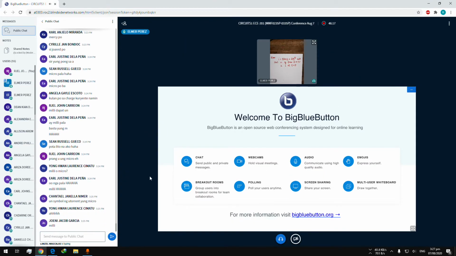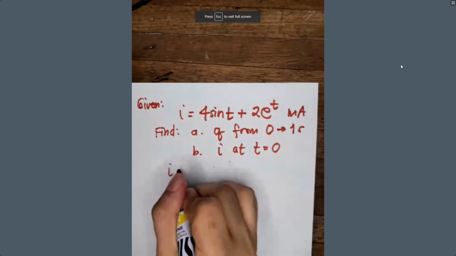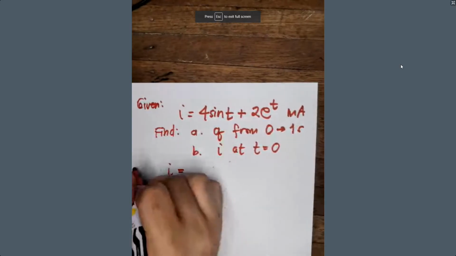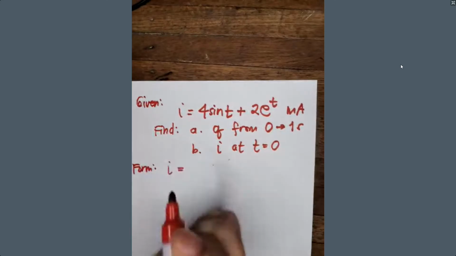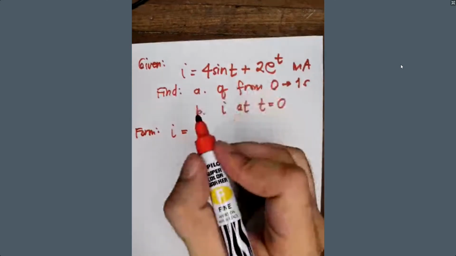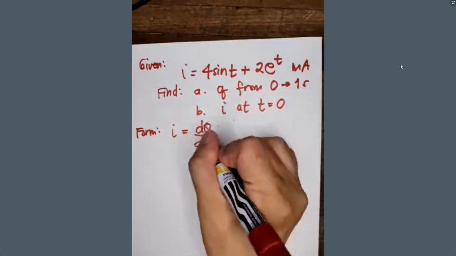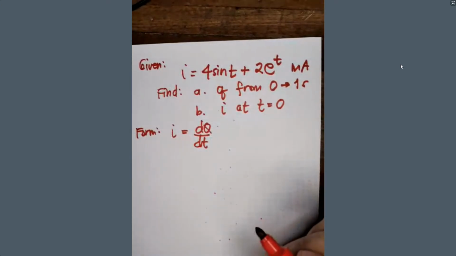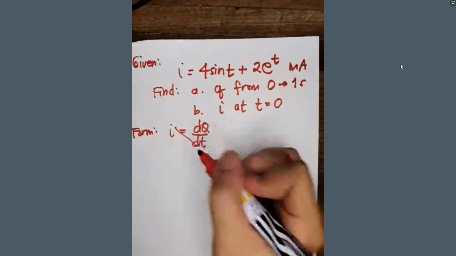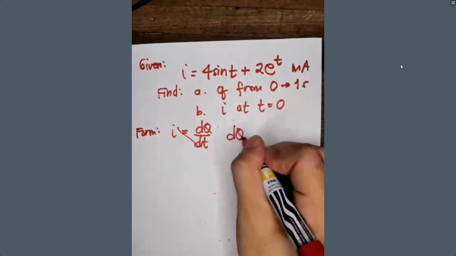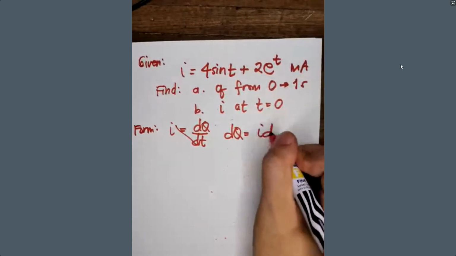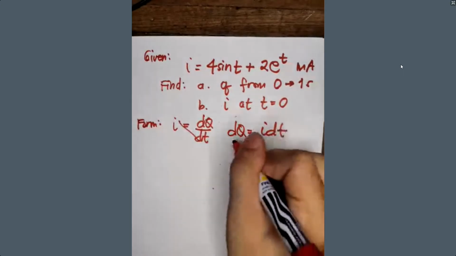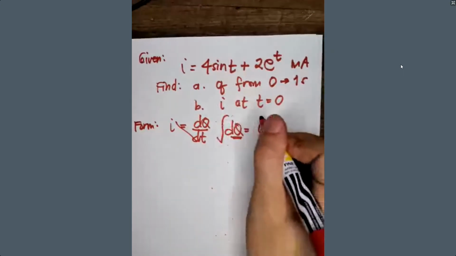Okay. So, ang buong formula natin ay I is equal to dq over dt. Then we cross multiply. So therefore, dq is equal to I dt. And then we want to find q, so we'll integrate.